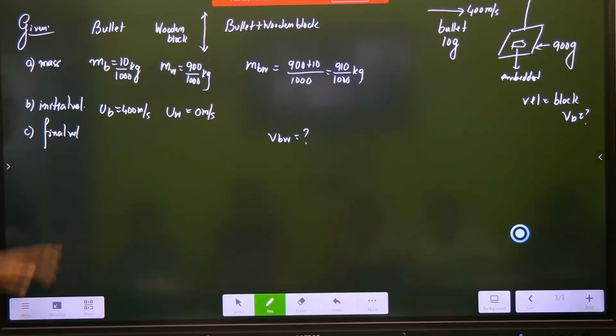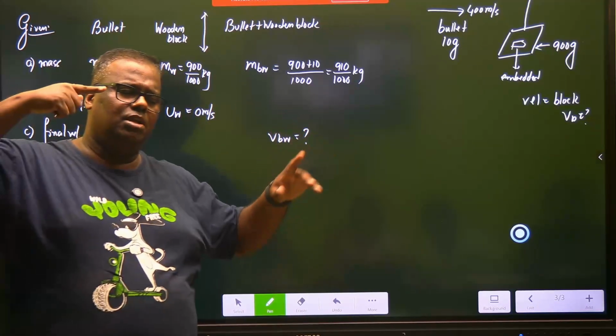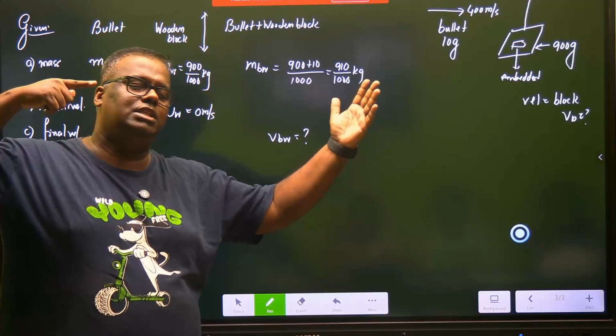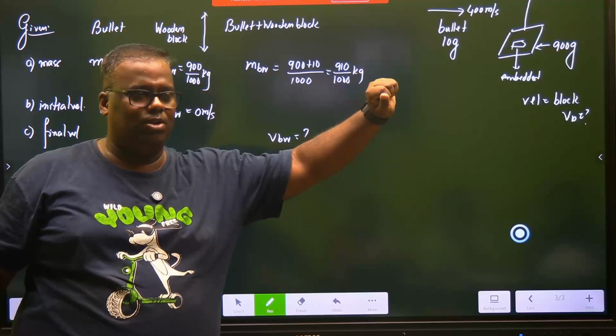Got it? Start thinking now. There is a bullet which is coming. There is a wooden plank which is waiting. This is all before the incident. The incident is tuck. After that, there is one system, one velocity.